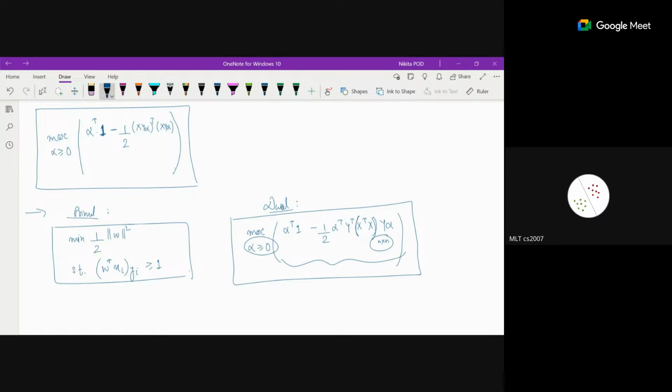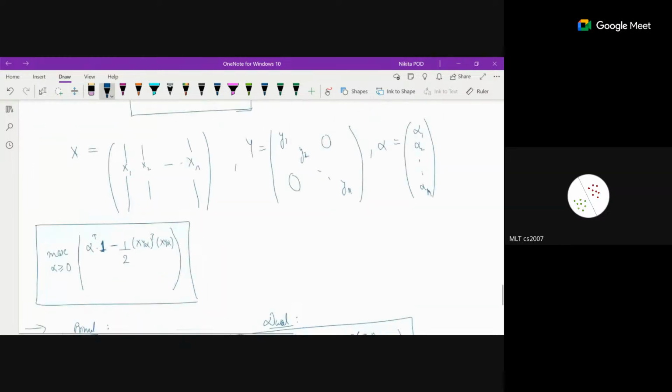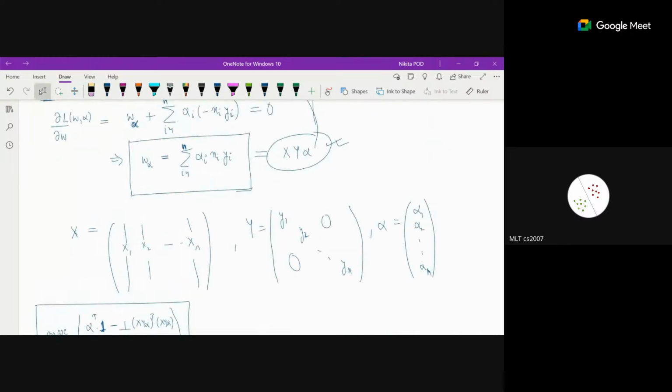And the next thing that we also saw is that the optimal W that we found was this sum of alpha_i x_i y_i. So this is nothing but a linear combination of the data points. That is also one thing that we gained from here.